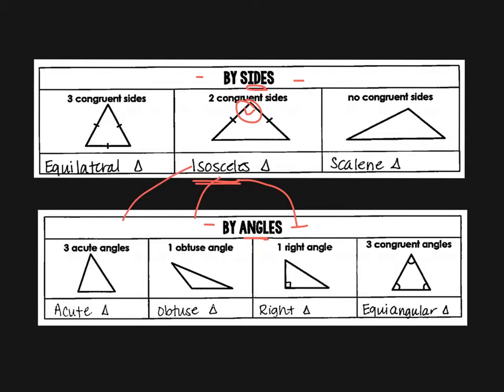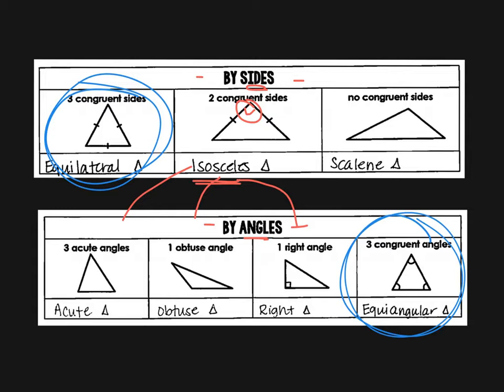Now, it should be known that all equilateral triangles are automatically equiangular. If you have one, you have the other. So if I see this picture with the angles down here, I know that I can automatically add in this notation. And vice versa, if I start up at the three congruent sides, I automatically know that I have three congruent angles.